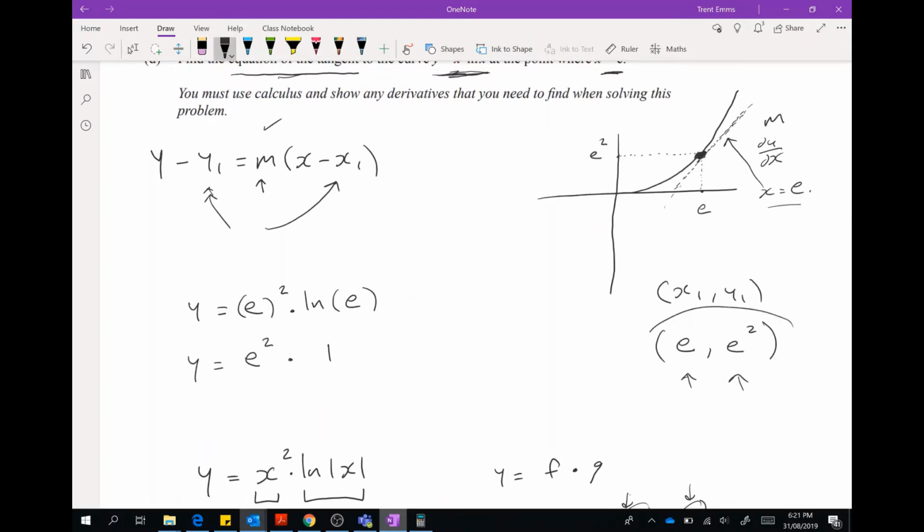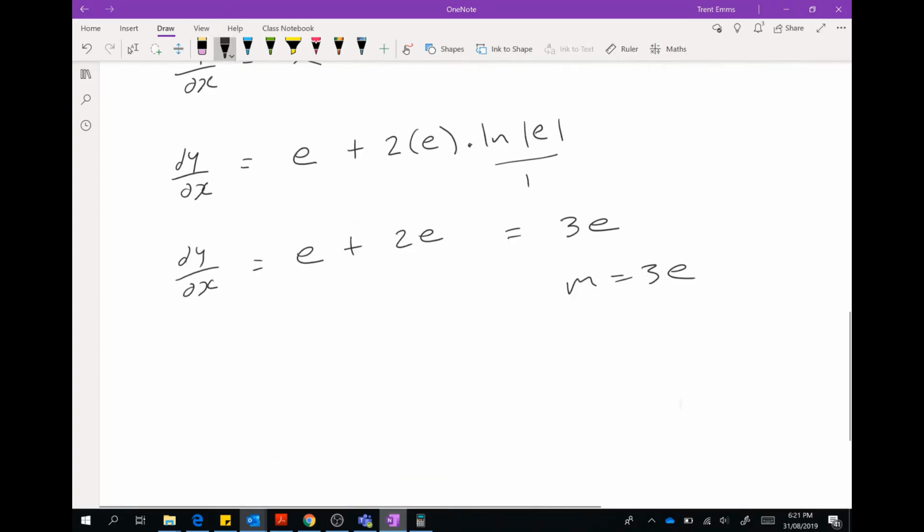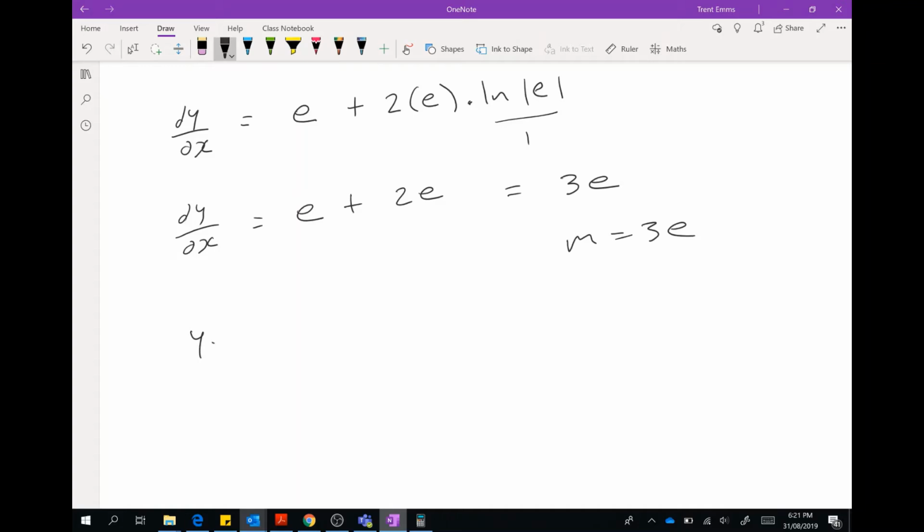We're going to write this down the bottom and fill in the blanks. Equation of a tangent line is y minus y1 equals m(x minus x1). We've got the gradient out from before. We had our coordinate on the line was e and e squared.